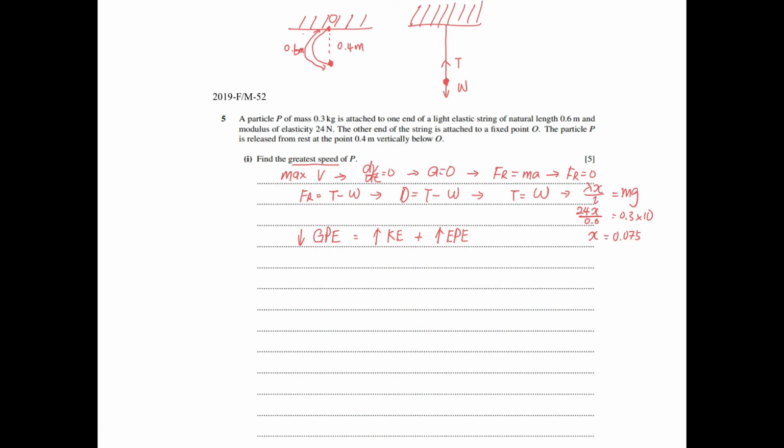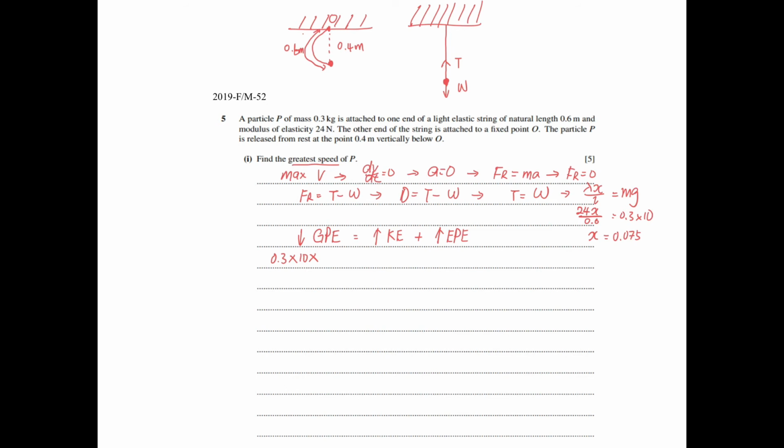Now let's work out the energy equations. GPE is equal to mgh, where m is 0.3 and g is 10. The h is the one that we need to think about.